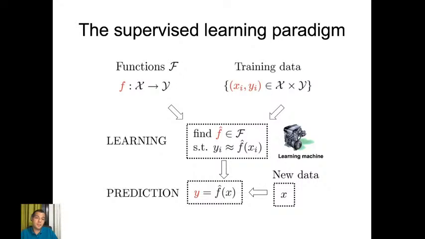These are some discrete examples from some continuous space X. And what we want to do through learning is to estimate this function with a function that is able to take as input a data sample X and produce the output Y.